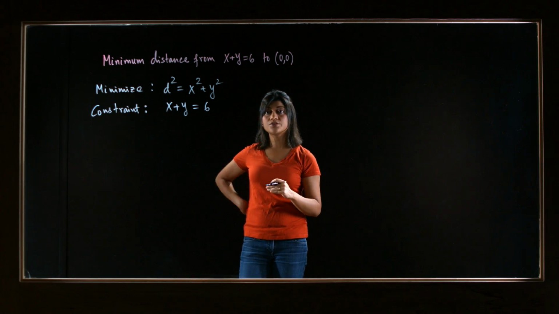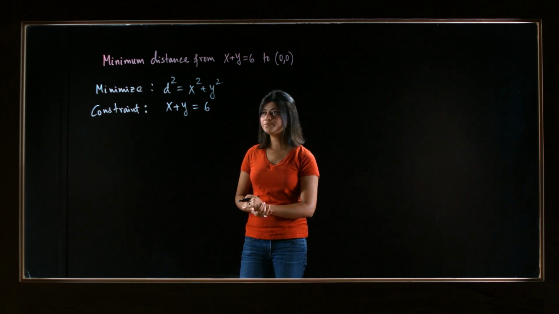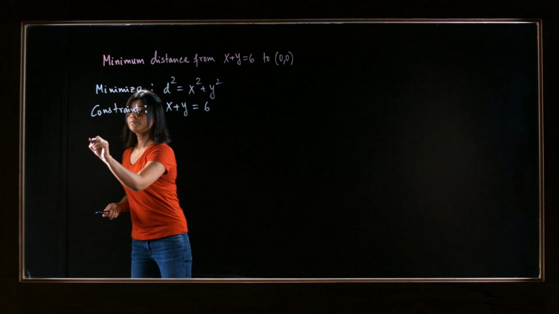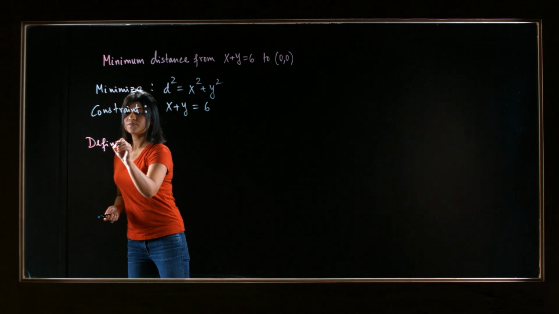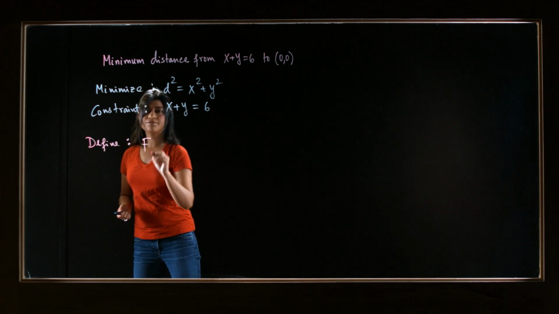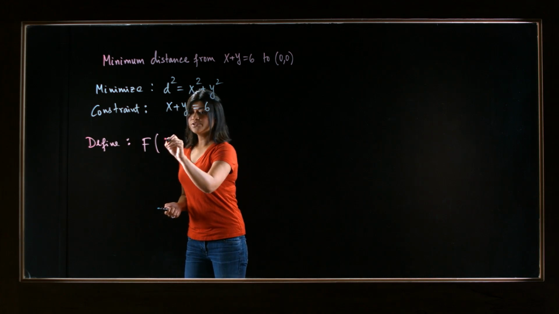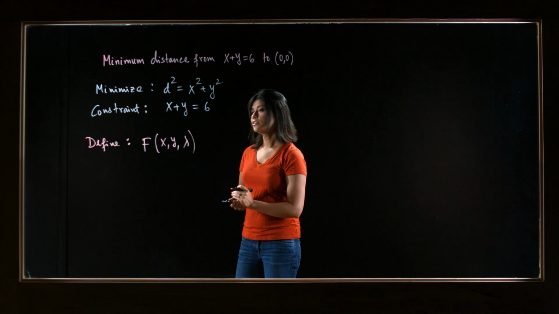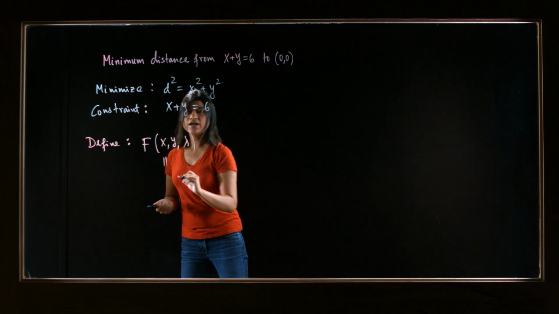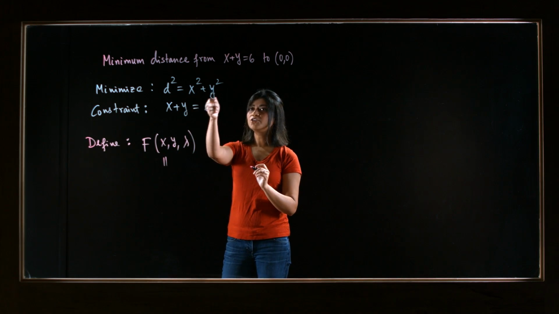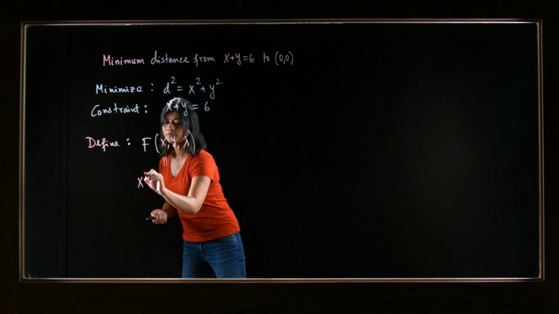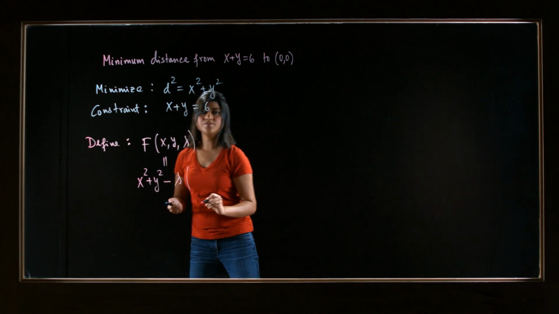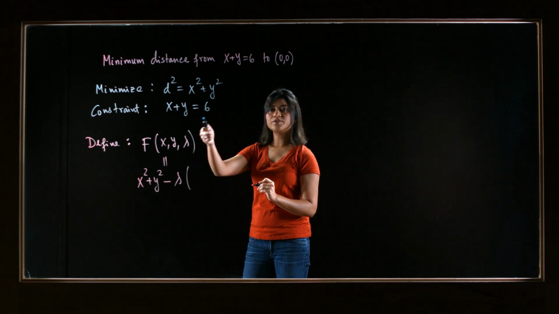Now we will be using Lagrange multiplier to find the minimum value, which means we have to define a new function. Let's call it f, and the variables are x, y, and lambda, which is the Lagrange multiplier. And how is f defined? It's the function d square, so x square plus y square, minus lambda times another function that comes from the constraint.